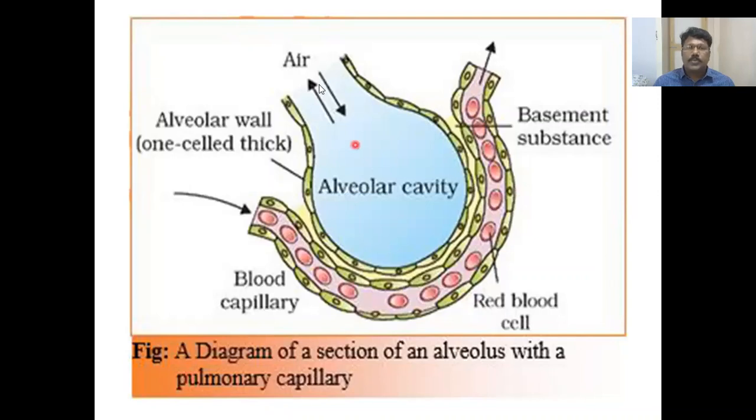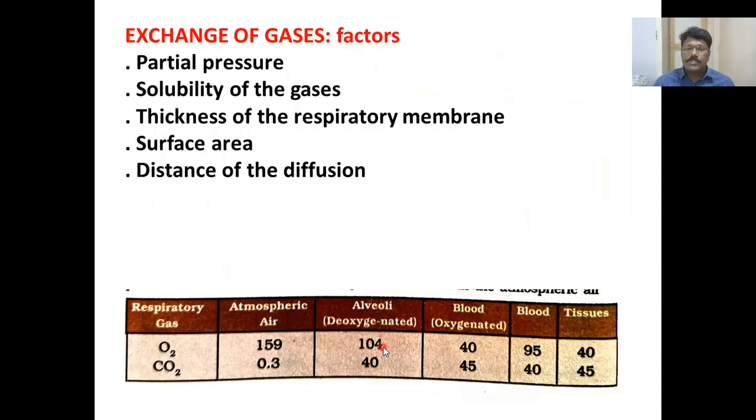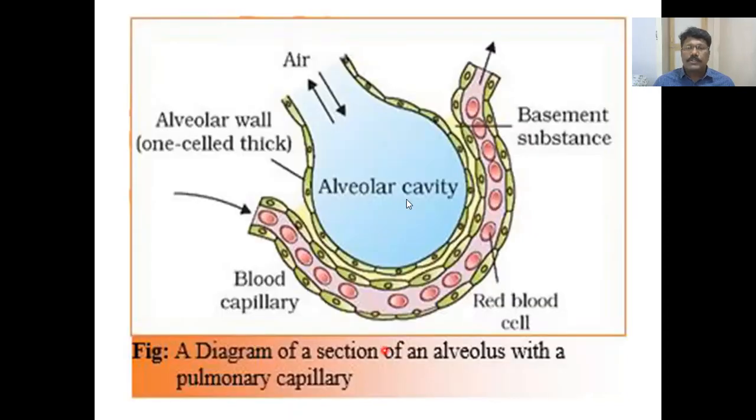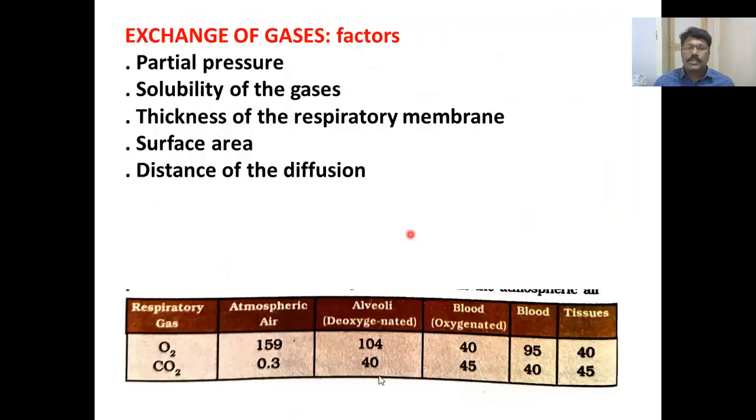So this is the inspiratory air, and the partial pressure of the oxygen in the alveoli is 104 mm of Hg. But the carbon dioxide pressure is only 40 mm of Hg.